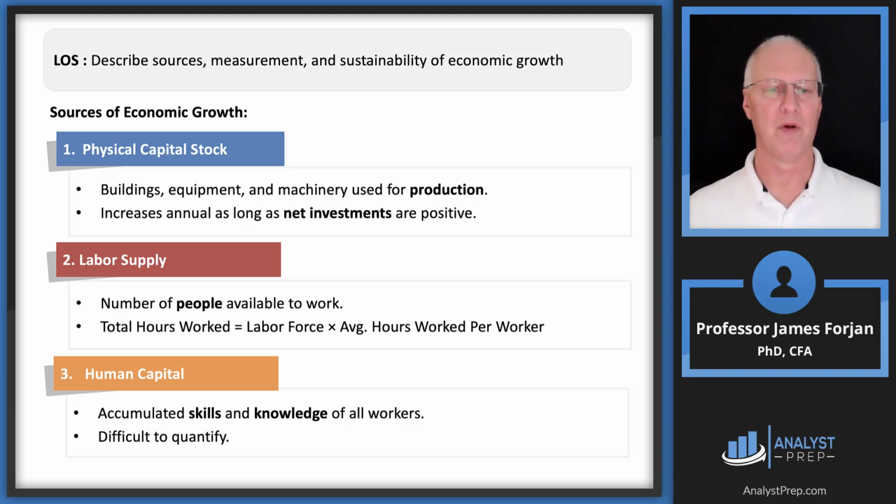Labor supply, number of people that are available to work, human capital. I mean, I think of myself. And I think of, all right, how smart was I back when I first got my PhD? My accumulated skills and knowledge. How old was I in 1993?